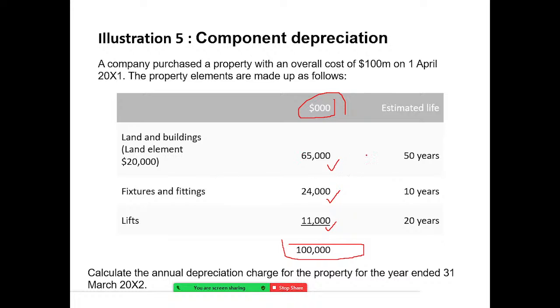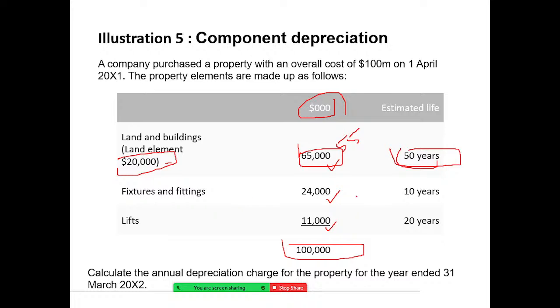And the estimated life of the land is 50 years. So therefore, this 65,000, the land component, is 20 now. So therefore we deduct 20,000 from 65, so therefore 55. This 55 should be depreciated over 50 years.